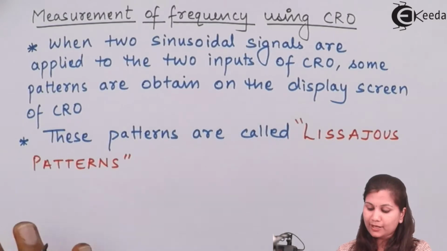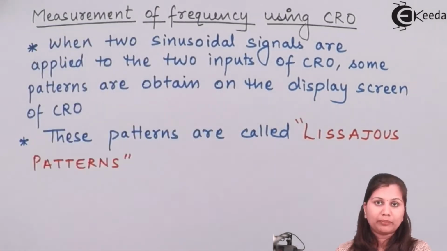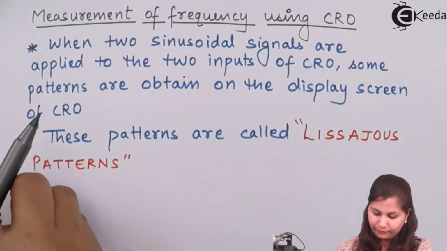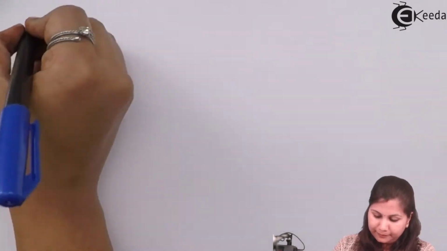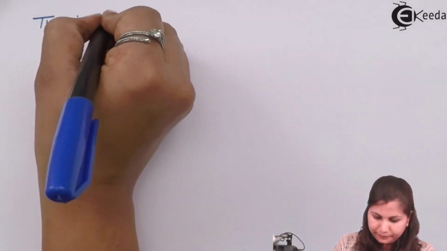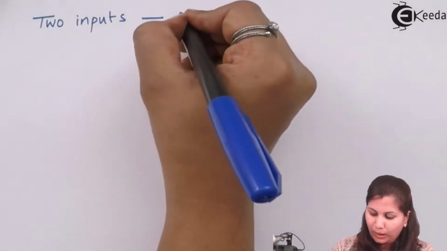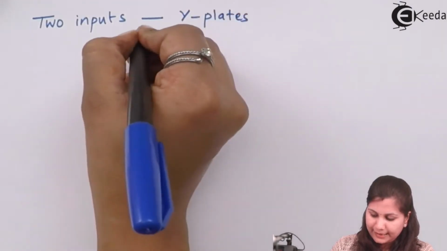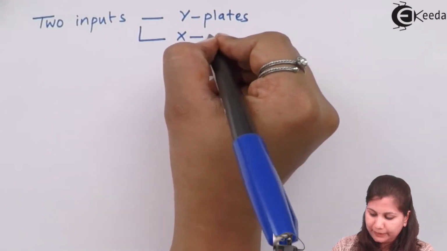So, how can these Lissajous patterns be used for the measurement of frequency? Let's see. As we know, the CRO has two inputs, one to the Y plates and second to the X plates.